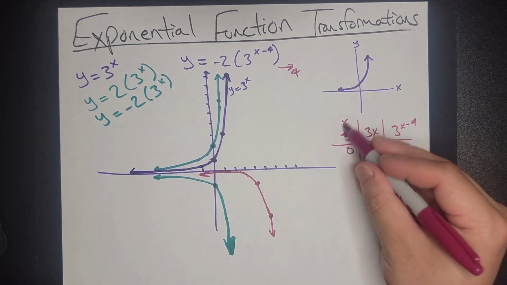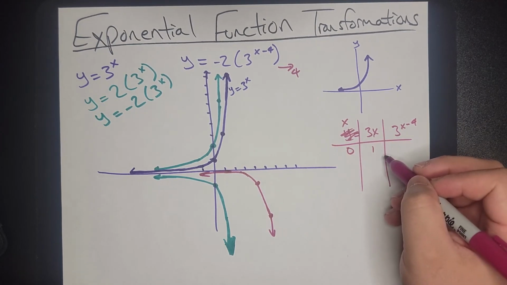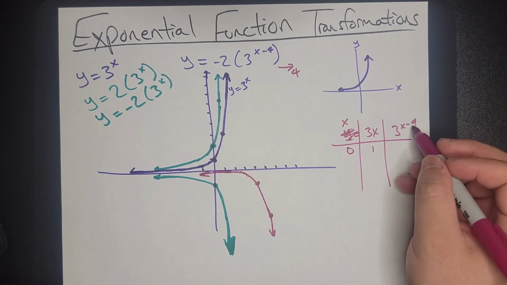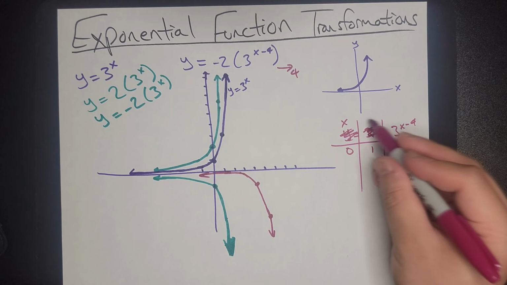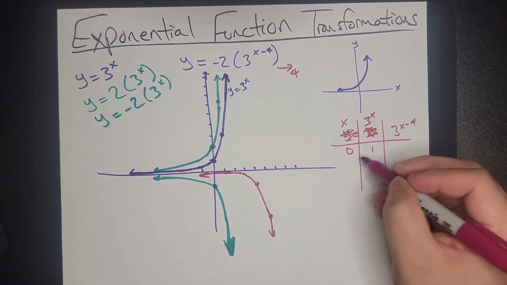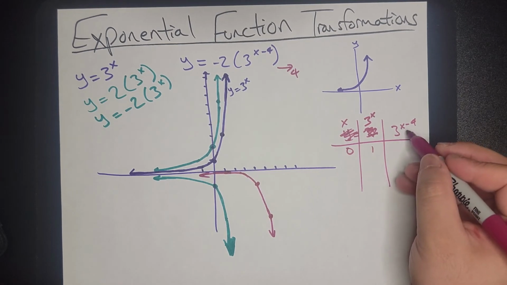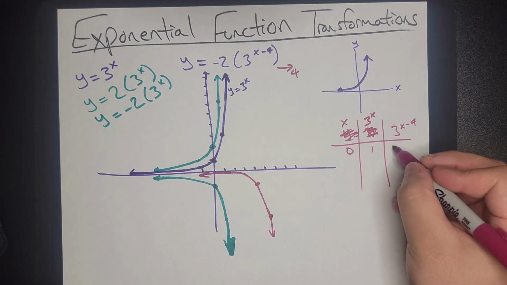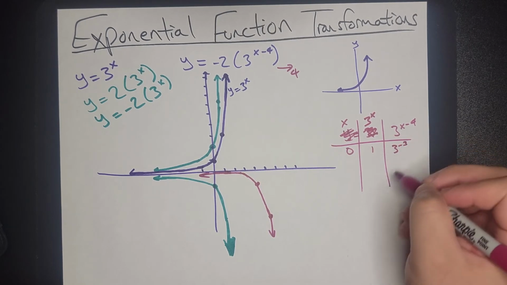But now we're going to have a minus 4 instead. 3 to the power of 0 is 1. But now this is going to be 3 to the power of negative 3, which is a very small number.